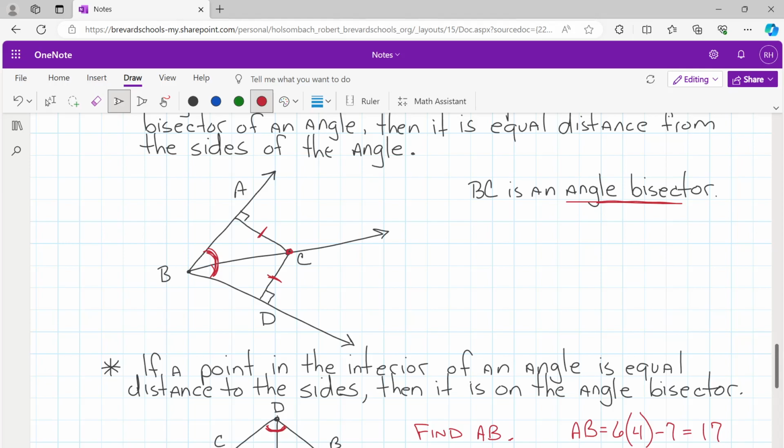So yesterday, the progression was, we talked about perpendicular bisectors, then we talked about perpendicular bisectors in a triangle. So today we've now talked about angle bisectors, and then we're going to talk about angle bisectors in a triangle. So look at the top of page 328.